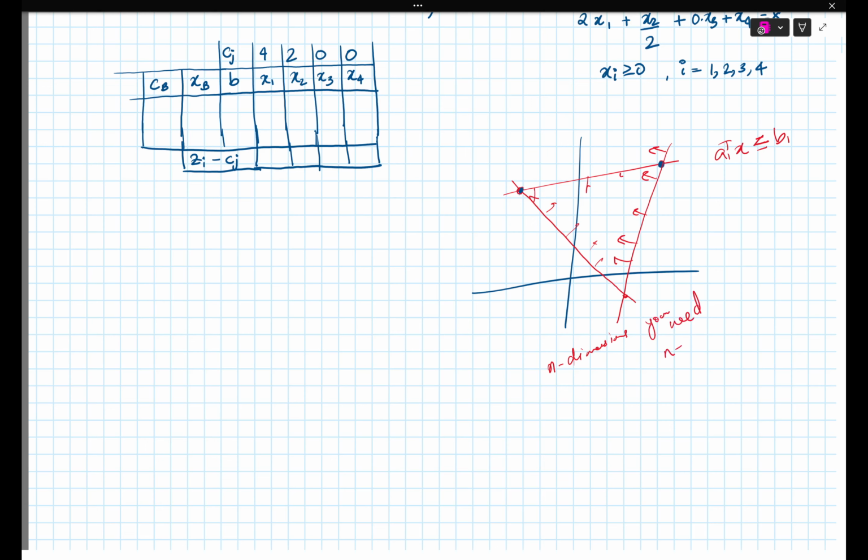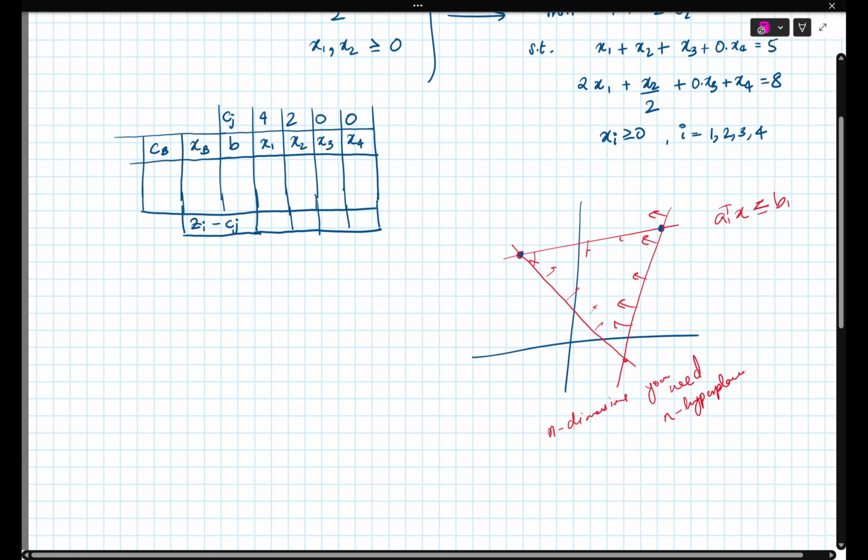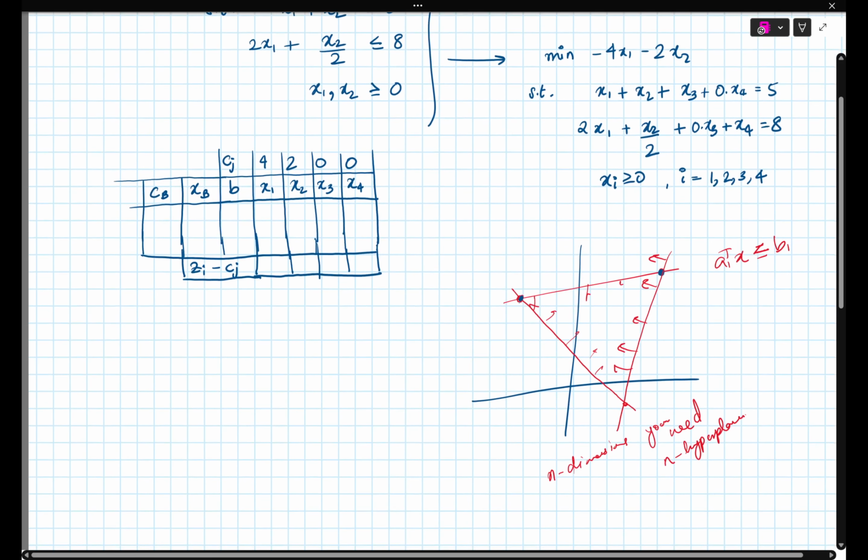These are basically hyperplanes, right? N hyperplanes to get a vertex, and basically it's like this constraint is active here.